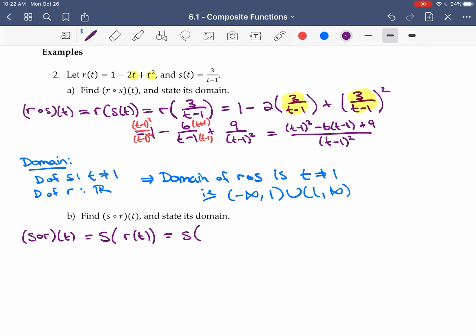So it's s of 1 minus 2t plus t squared. So everywhere I see t in s, I actually want to put in this whole expression here. So that's going to be 3 over 1 minus 2t plus t squared, and then minus 1.